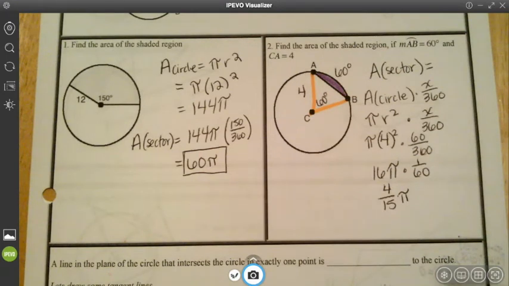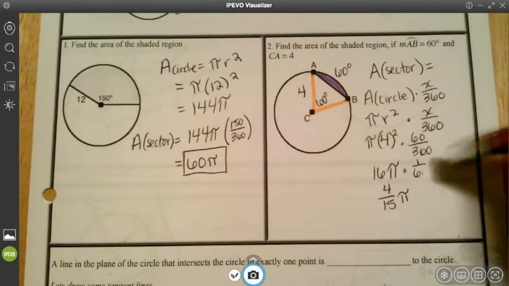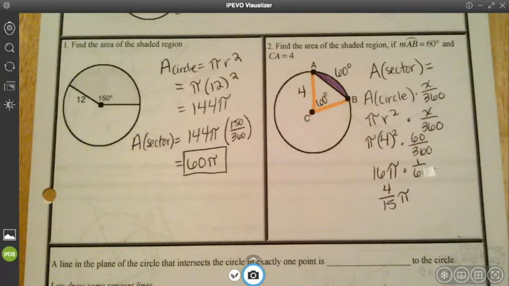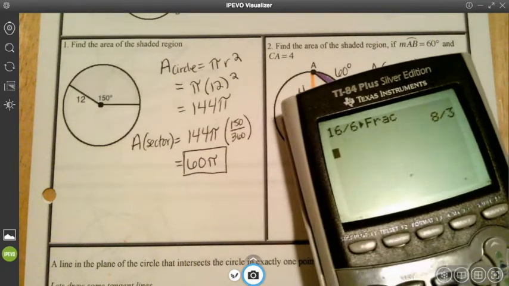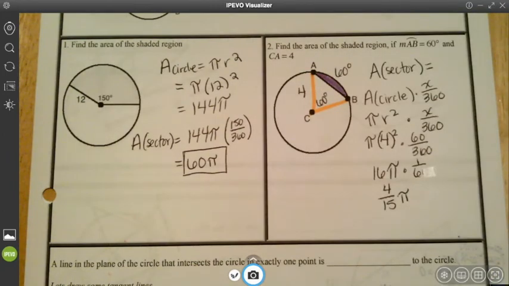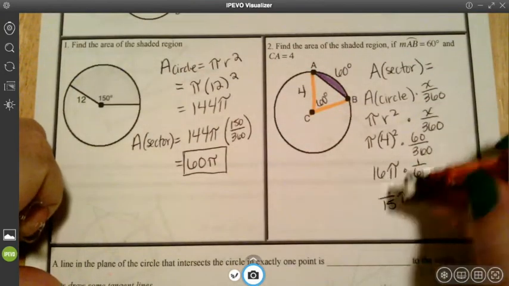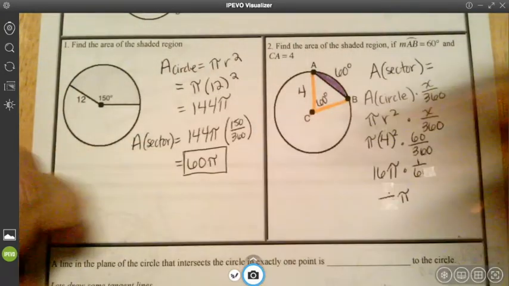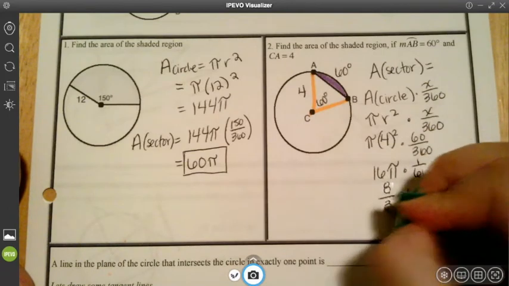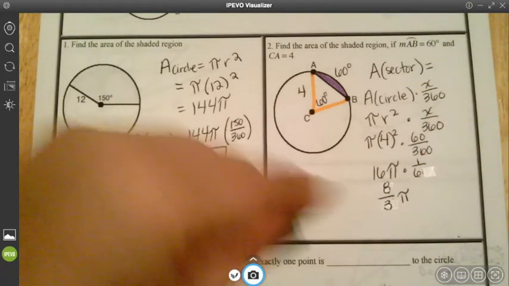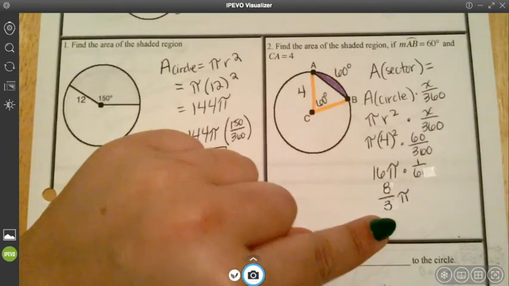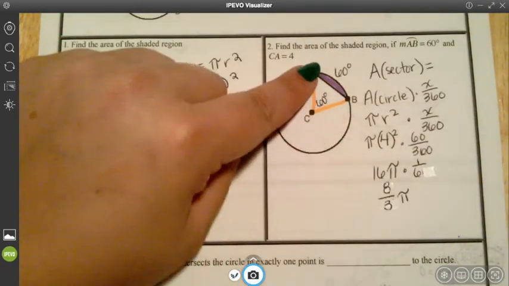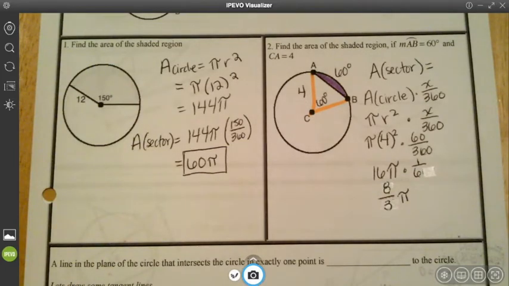I said that seems too small. It should be 1 over 6. Let's try that again. 16 over 6 as a fraction is 8/3. That's much better. So not 4 over 15, 8 over 3. 4 over 15 is so tiny, it would be a tiny little sliver. 8 over 3 makes much more sense for a slice of pie this size.